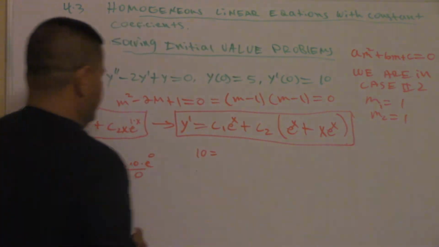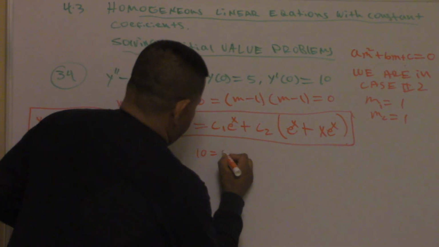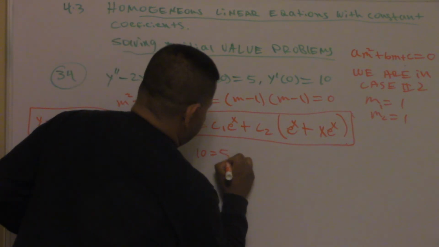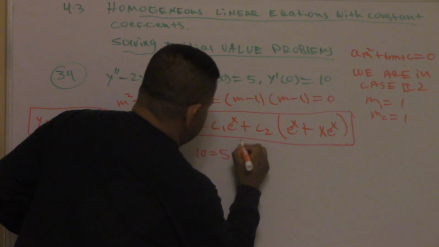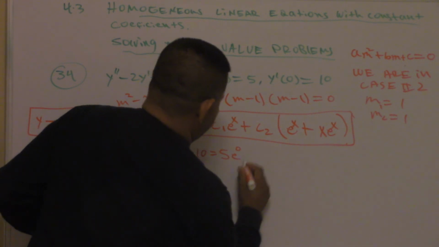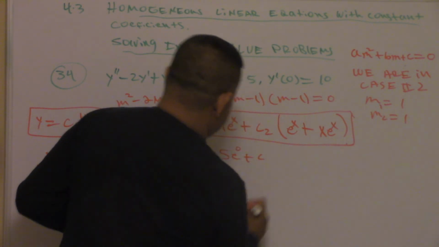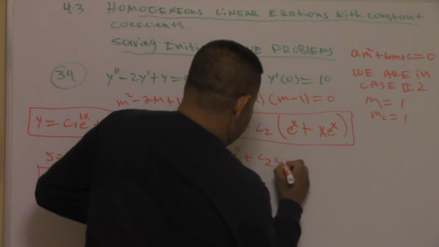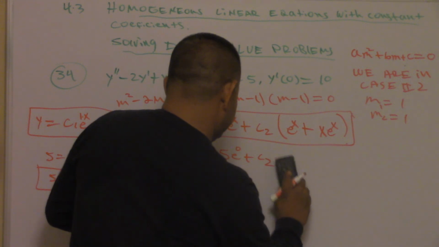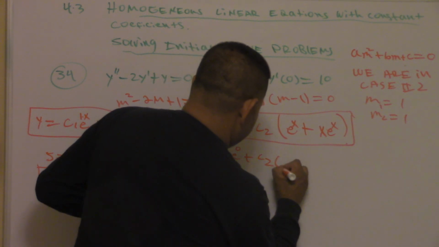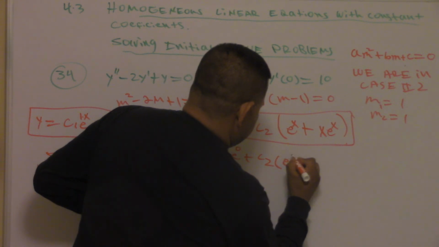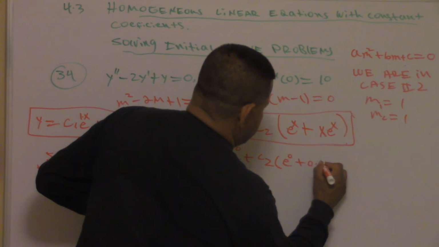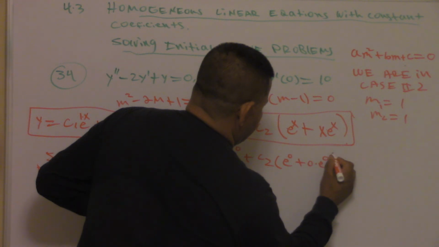And I know that C1 is 5, so 5 times e to the 0 plus C2 times e to the 0 plus 0 times e to the 0.